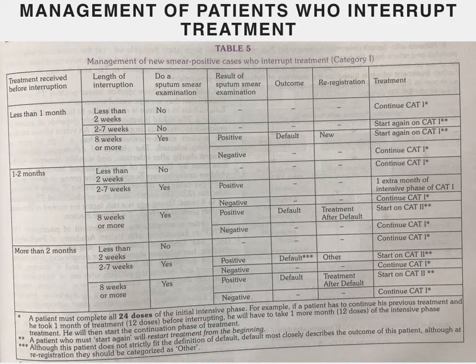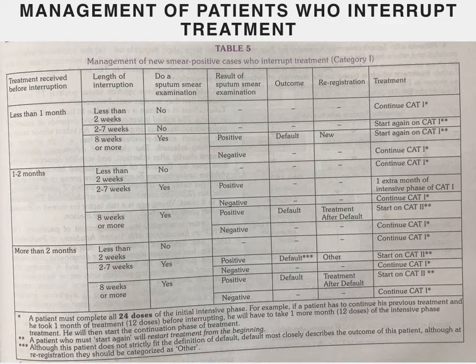This is another management of new smear-positive cases who interrupt treatment, and again, it's a kind of flow chart, I would say. The patient must complete all 24 doses of the initial intensive phase. For example, if a patient has to continue his previous treatment and he took 1 month of treatment, that is 12 doses, before interrupting, he will have to take one more month, that is 12 doses of the intensive phase treatment, and he will then start the continuation phase of treatment.